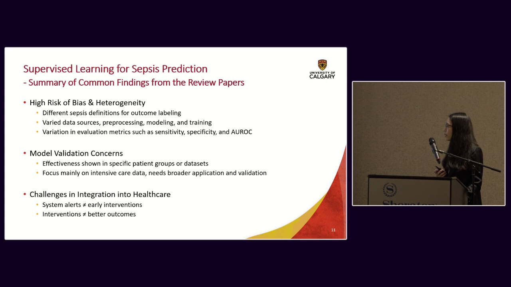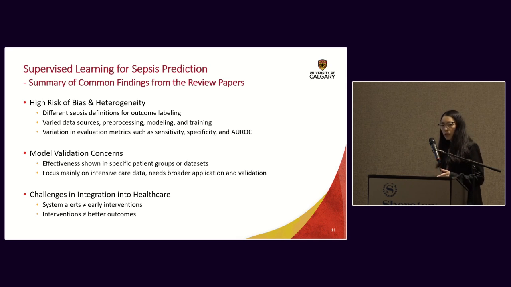And the third one is that the appropriate integration of these machine learning models into health systems is challenging. Although these models can generate alerts, turning these alerts into early intervention is not straightforward.